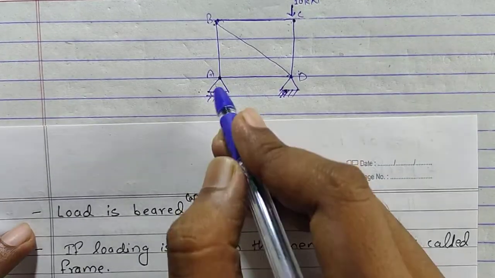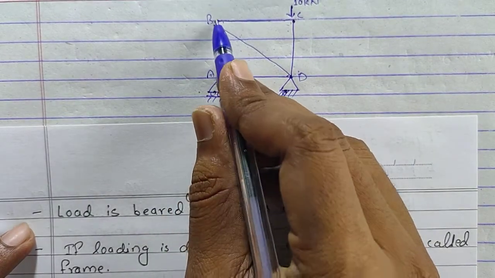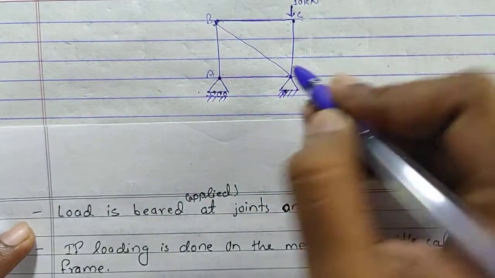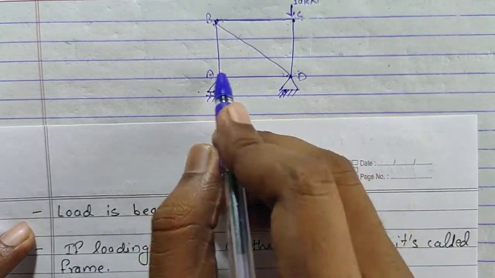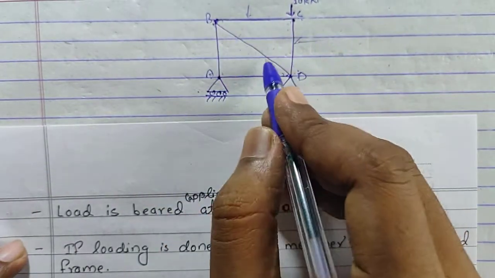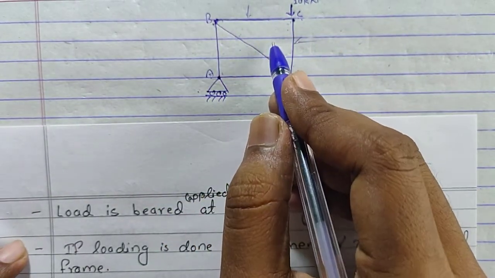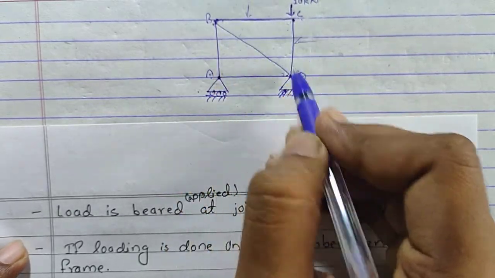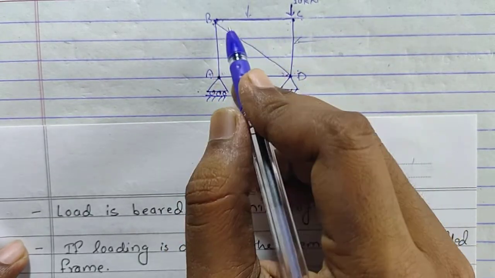See here, the members are AB, BC, CD, BD and AD. If loading is done here, then it will not be a truss, it will become a frame, because when loading is done on the member, the loading will create bending.